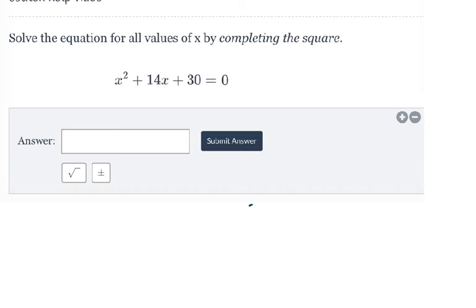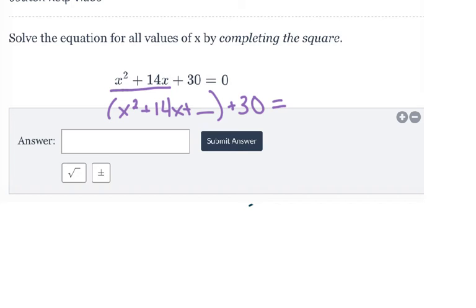All right, this last one, I'm probably going to have a square root in my answer, so let's figure out what we're doing here. Taking my first two terms, I'm going to start a parenthesis with them. x squared plus 14x plus something. So that didn't change. I've got a 30 outside, or I can bring my 30 over.